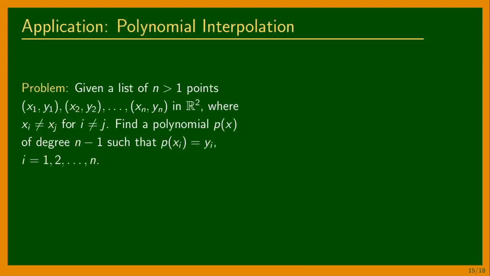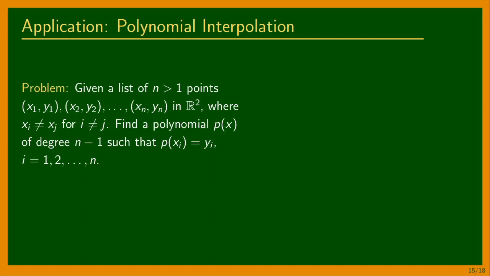Now, last, as an application, I would like to discuss polynomial interpolation. The polynomial interpolation problem is stated as follows. We have a list of n points, (x1, y1), (x2, y2), up to (xn, yn), in the Cartesian plane where n is greater than 1.